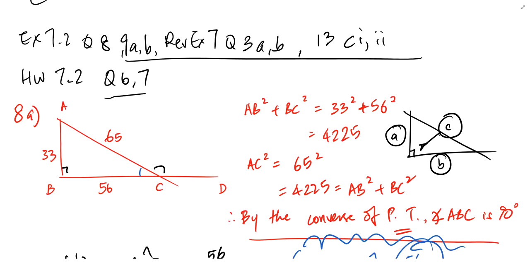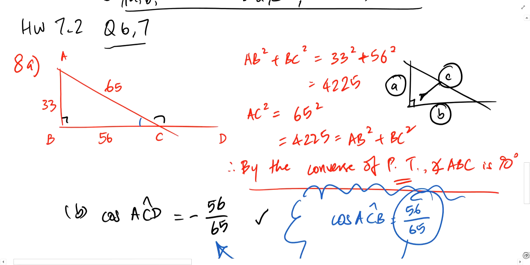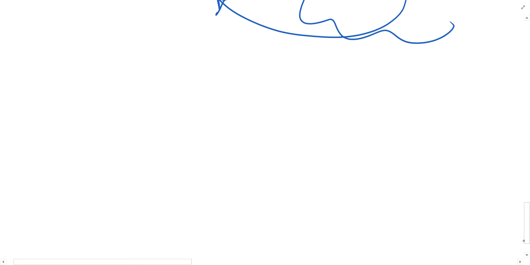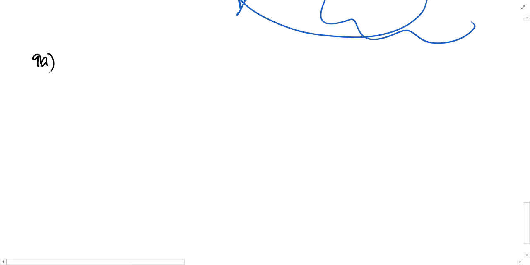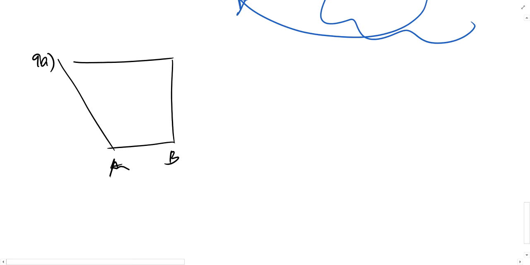These are the homework questions. Okay, next one, question 9A. We've got a trapezium ABCD. Find the length of BC.